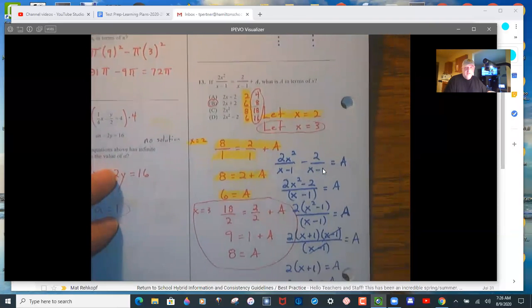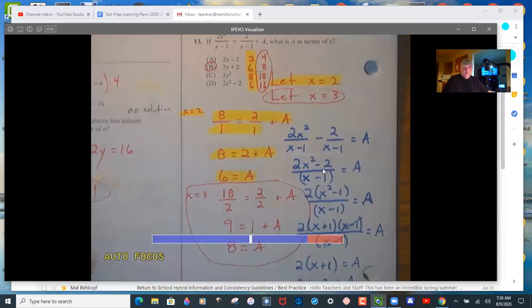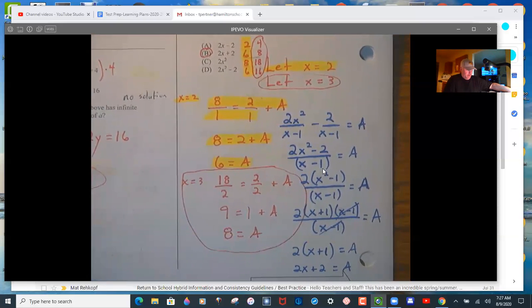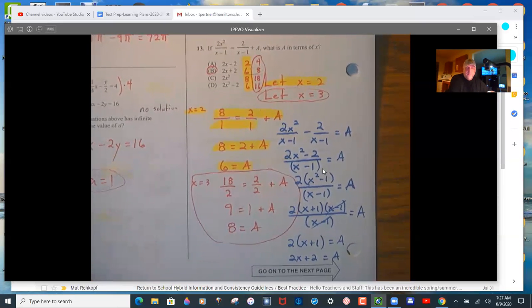So you see here on this particular test, problem 13, and we've got a lot going on here. The blue is how you would do it by hand. There's always those of you that would want to go by hand.